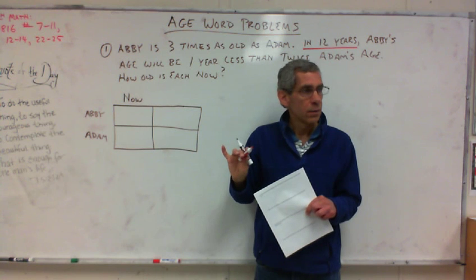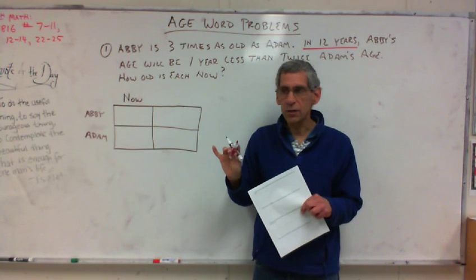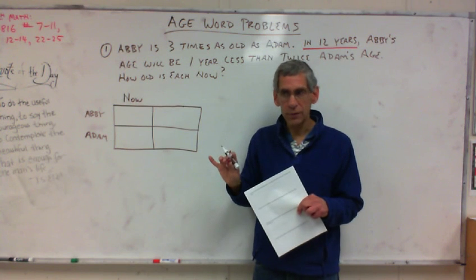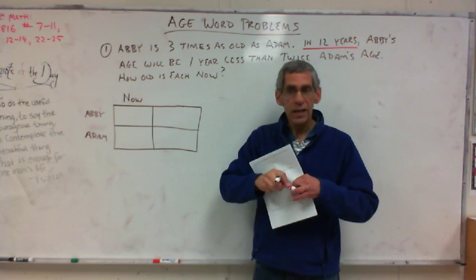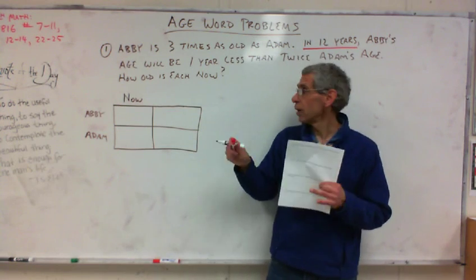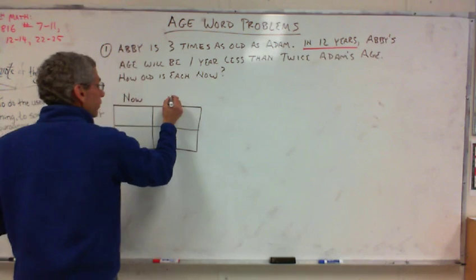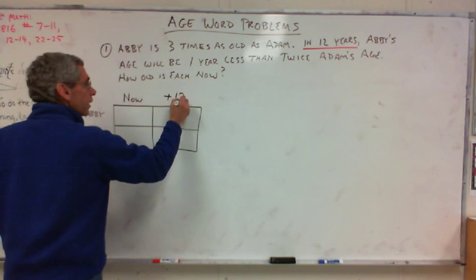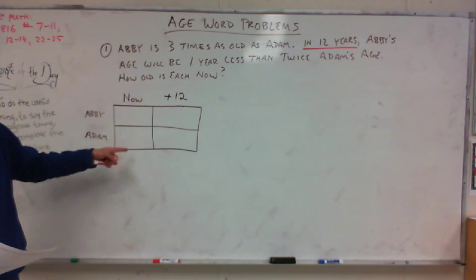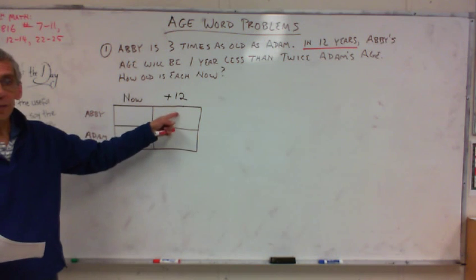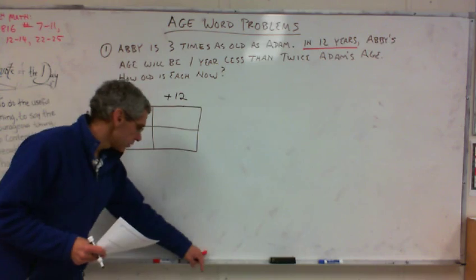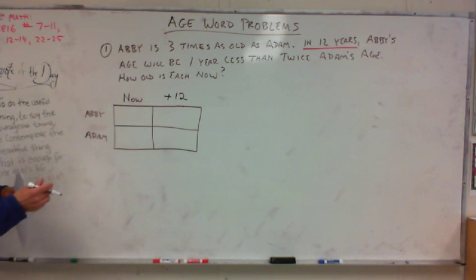Plus 12. It's either going to be plus 12 or minus 12. Does everybody agree with me that it would be plus 12? Yes. So Graham is right on. If I said 12 years ago, what would it be? Minus 12, right? So I'm going to put plus 12 right here. So this is going to be my now column, and this is going to be their ages 12 years from now, in 12 years. That make sense?